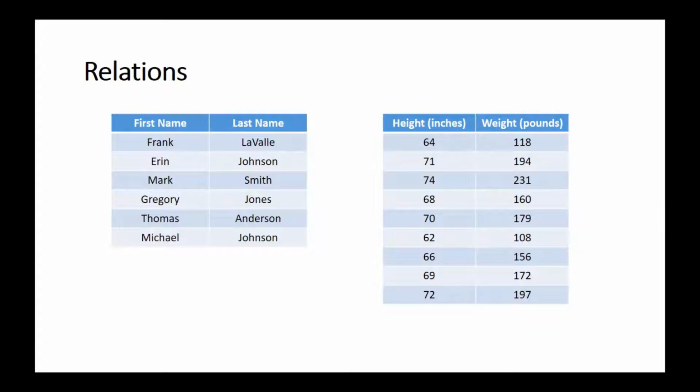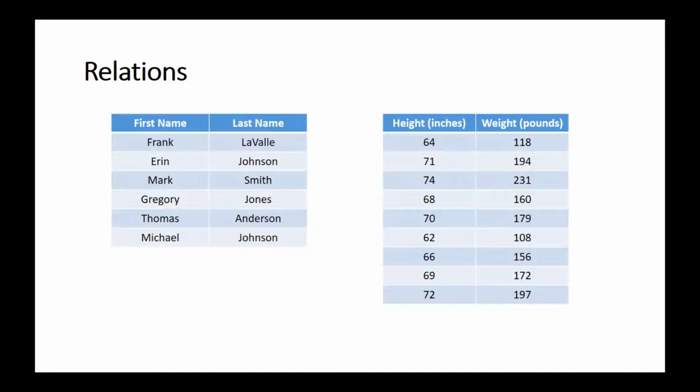So the two pieces of information are tied together. Frank LaValle, the first name and the last name. So therefore there's a relation between the first name and the last name. Frank Johnson is not a part of this list. Aaron Jones is not a part of this list, but Mark Smith is. There's a relation between the first name Mark and the last name Smith.